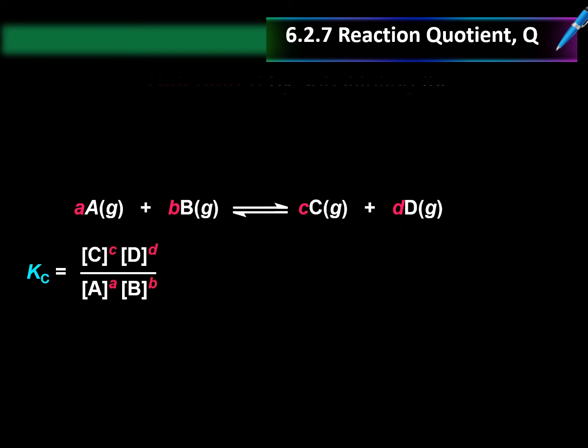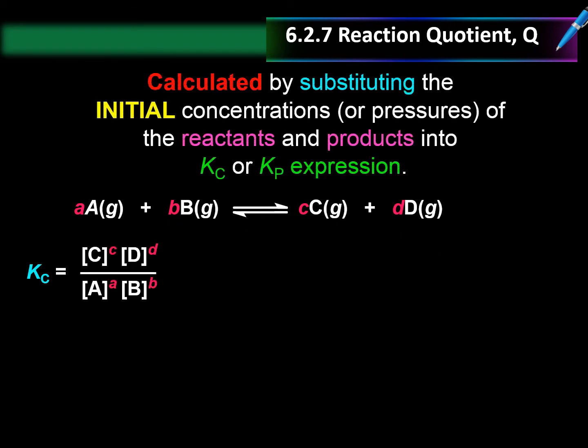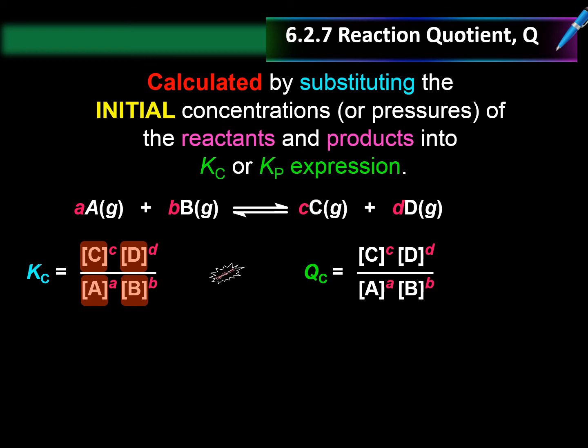Reaction quotient is the calculation involving substituting the initial values into the Kc or Kp expression. Since here we have Kc, for the reaction quotient we will have Qc, the same expression as Kc but differing in the concentration values inserted. For Kc, the concentration value is at equilibrium, and for Qc, the concentration value is at initial.